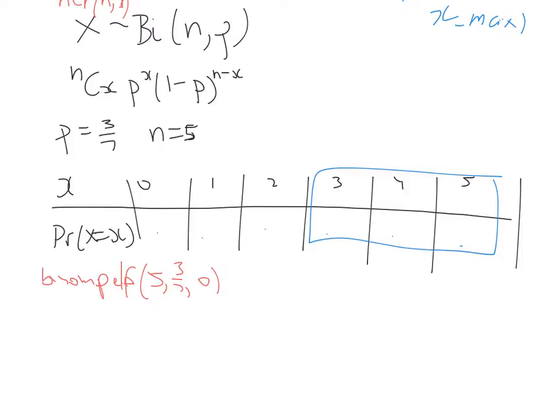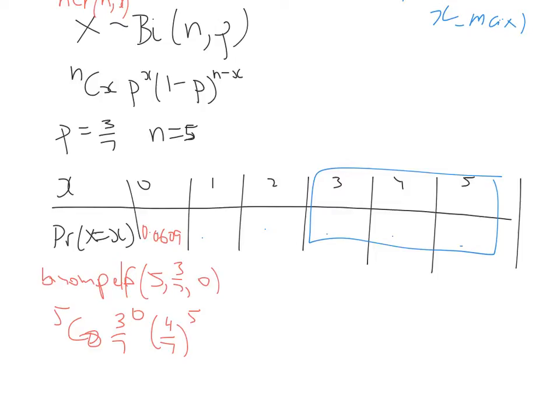And in doing so, we'll get 0.0609. That can also be represented with 5 trials, 0 successes, 3 over 7 as our probability of success happening no times, and 4 over 7 happening 5 times.